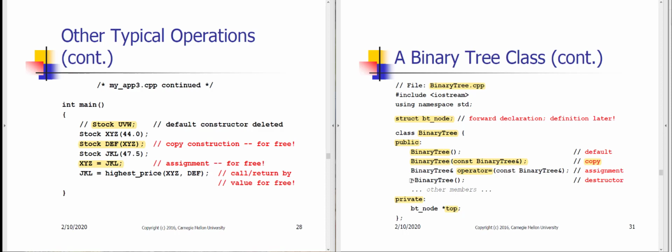All right, now the fourth member function being declared here is what's called the destructor for the class. It has this funny name, tilde binary tree, because the tilde symbol applied to a pattern of bits, that is, the tilde symbol typically applied to an unsigned integer value, inverts all of the bits so that all of the 1 bits become zeros and all of the 0 bits become 1.